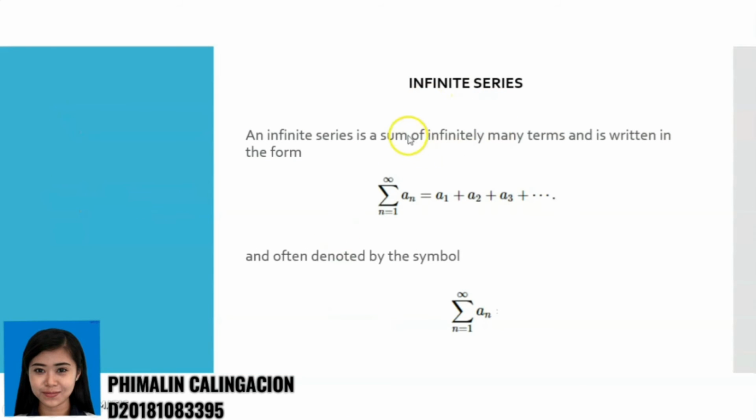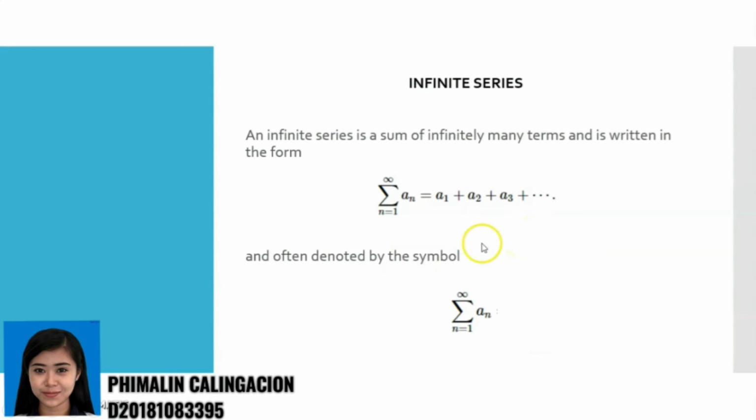An infinite series is a sum of infinitely many terms, written in this form, which is a sequence, an ordered set of terms. If we add the terms together, we get a series. Series sounds like a list of numbers, but it is actually when we add them together.